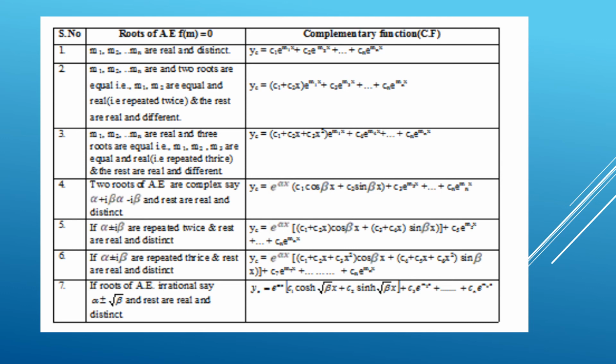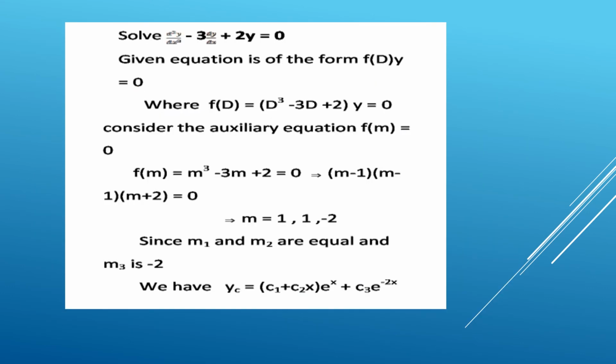And for complex roots, we can write e power alpha x into c1 cos beta x plus c2 sin beta x. So these are the given cases to find the complementary functions. So let us see one question here.